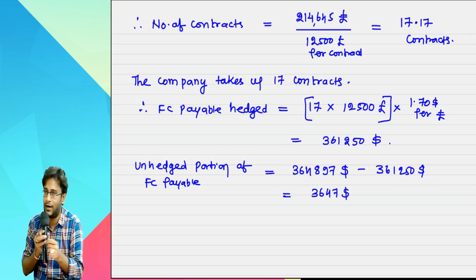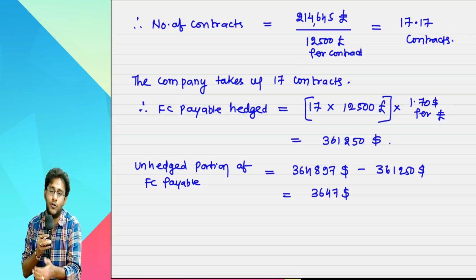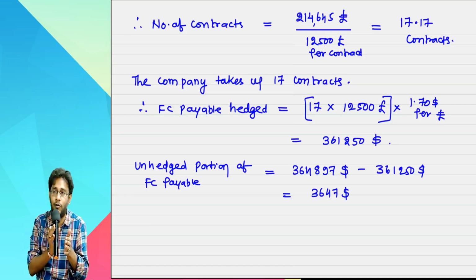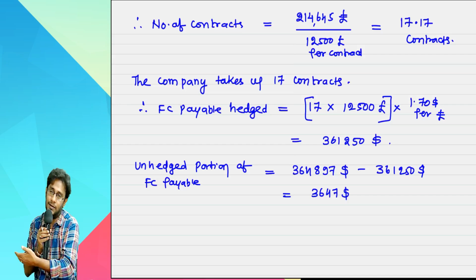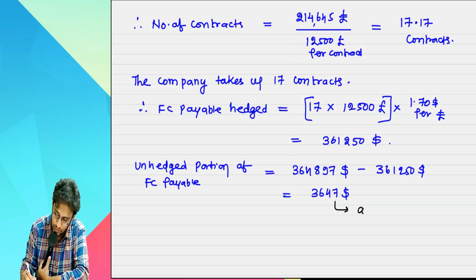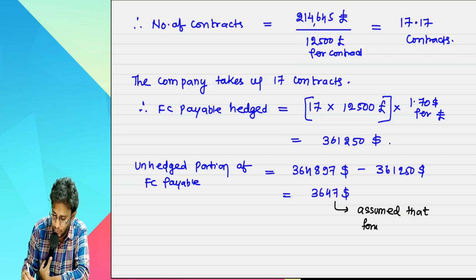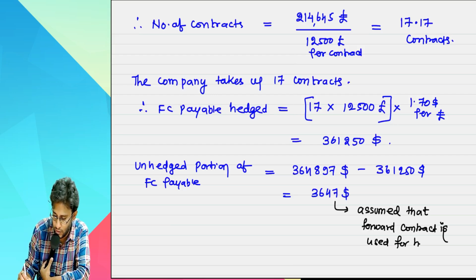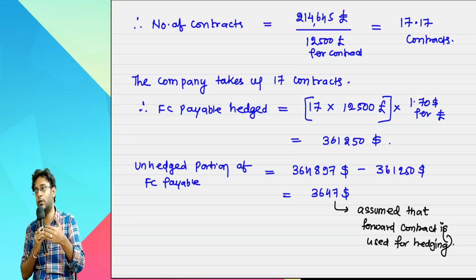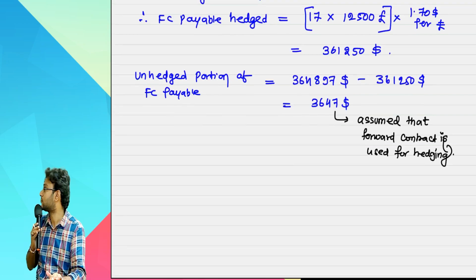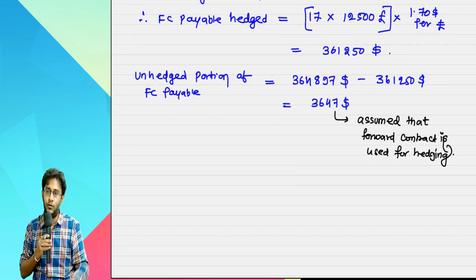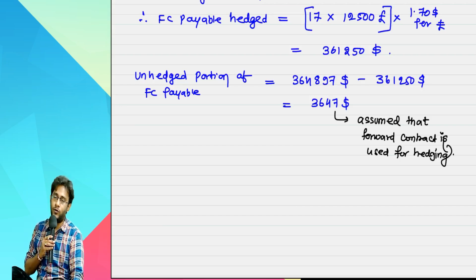If you do not know that, you cannot close the alternative, and then how will I compare this with the forward contract and money market? So I definitely have to close this sum. So we have to assume that a forward contract is used for hedging. So in currency option hedging, the remainder is covered with forward contract hedging. You should not apply your own mind, thinking I want to take risk and all. No, you can't do that.